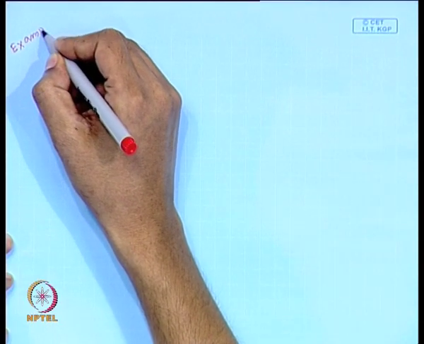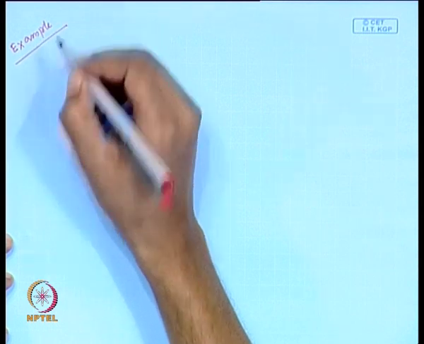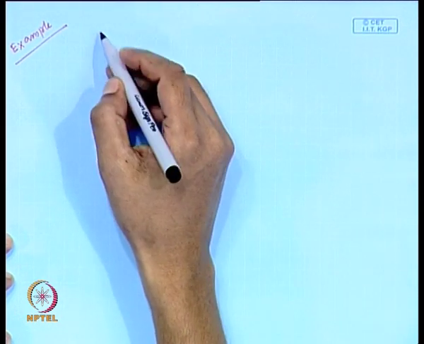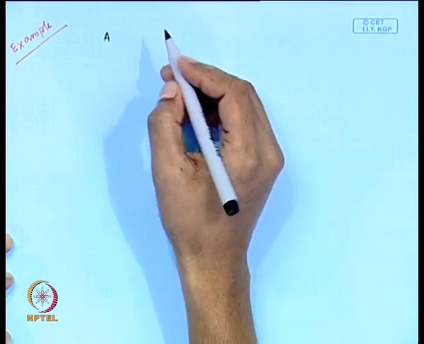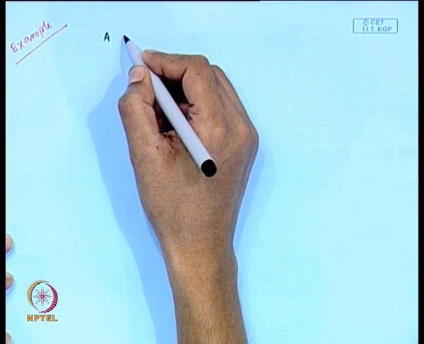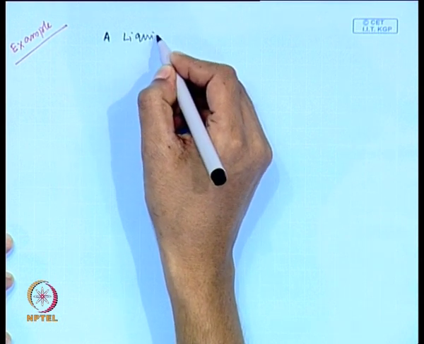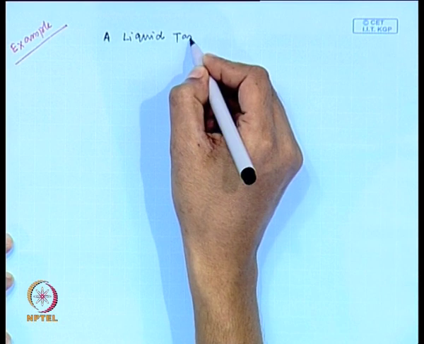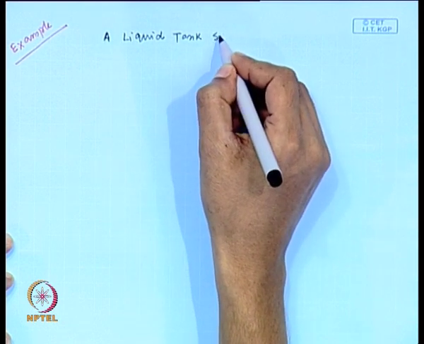Now, these are about the transfer functions in general form. In the next we will discuss with some example. We will first consider one example, that is a liquid tank system.